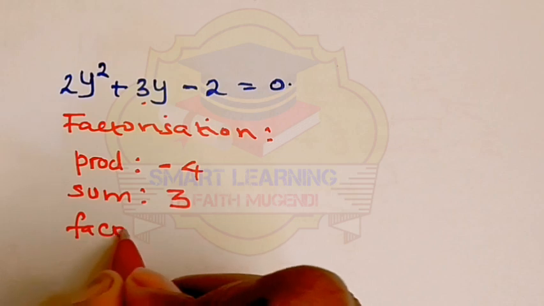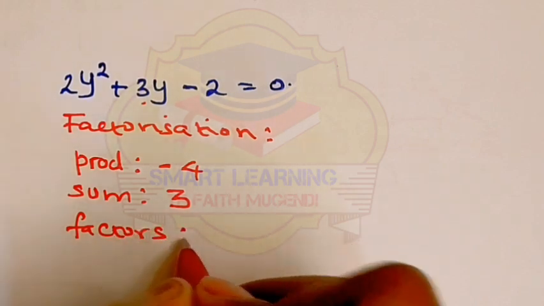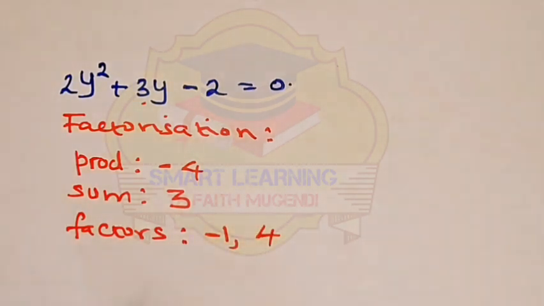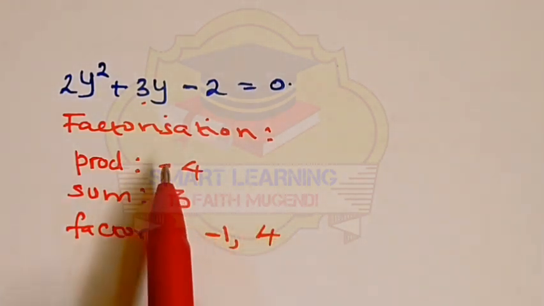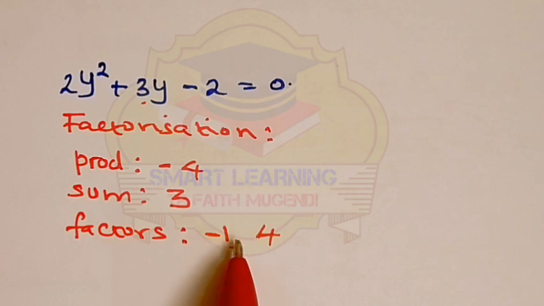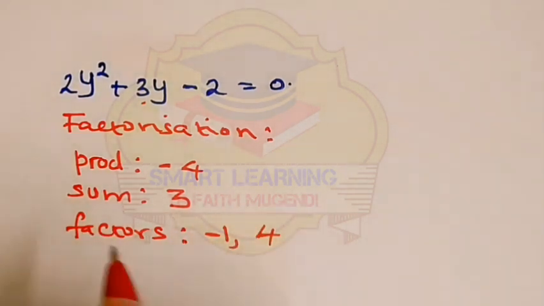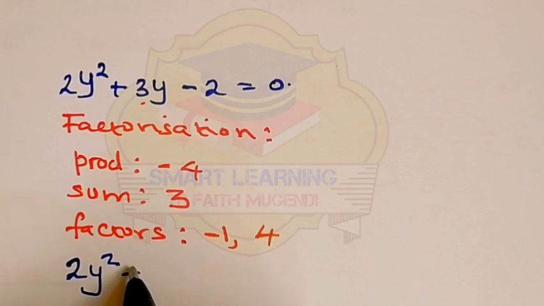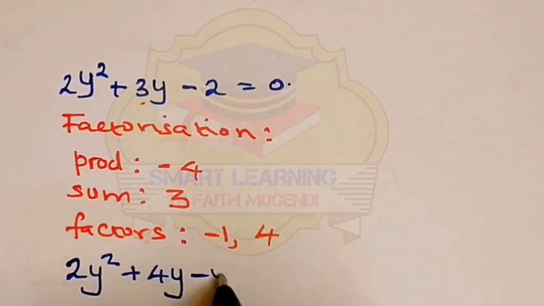The factors then shall be -1 and 4, so that when I say -1 times 4, I get -4, and when I say -1 plus 4, I get 3. So that is okay. Now substituting, what do I have? 2y squared plus 4y minus y minus 2 will give me 0.